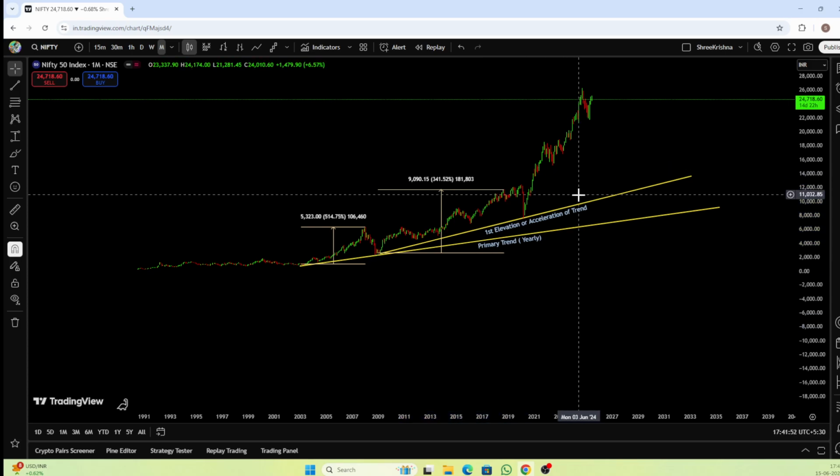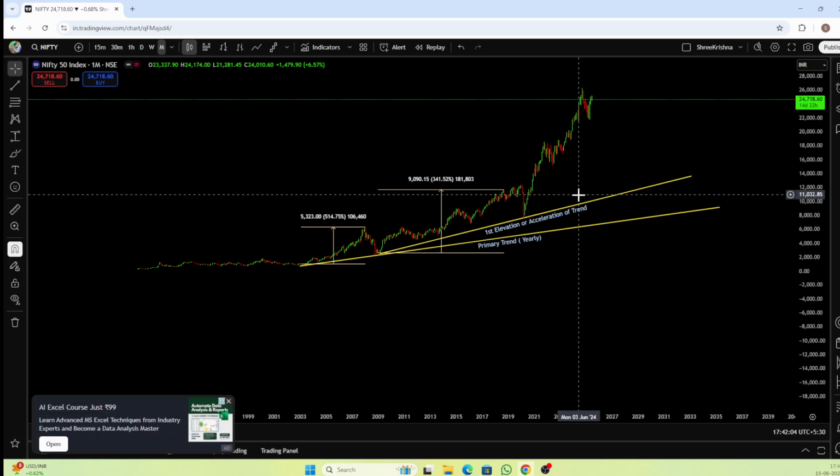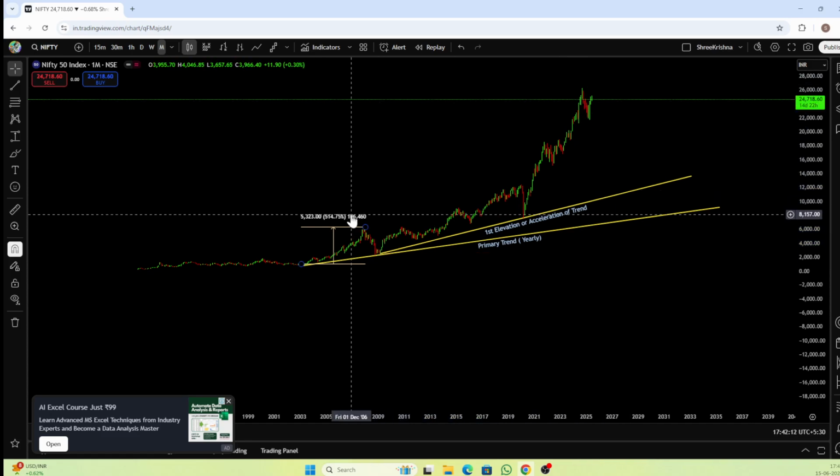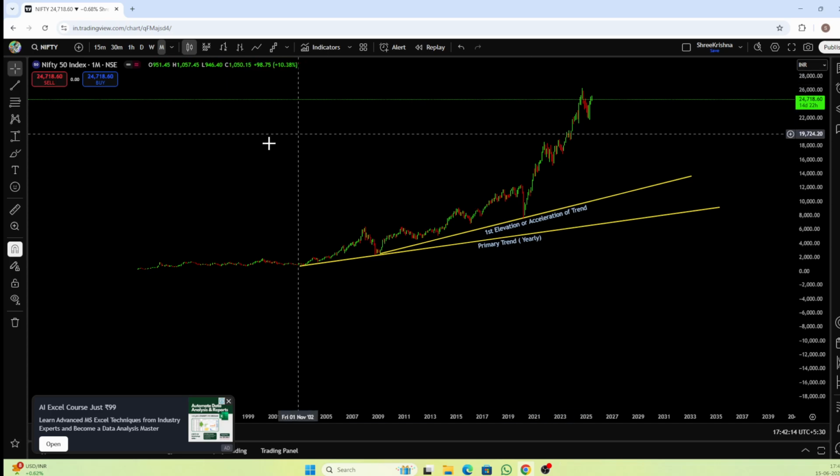Now this is the first elevation, that is the first acceleration. If you understand this, it is one of the most simple and logical explanations. It doesn't require any kind of indicators or any kind of tools. It applies to all.